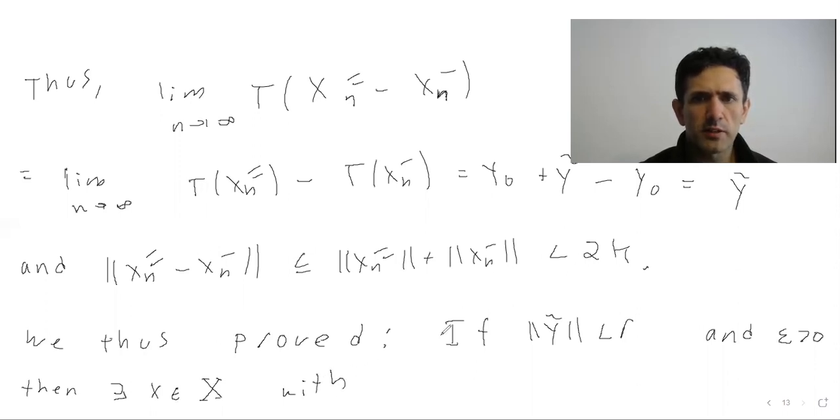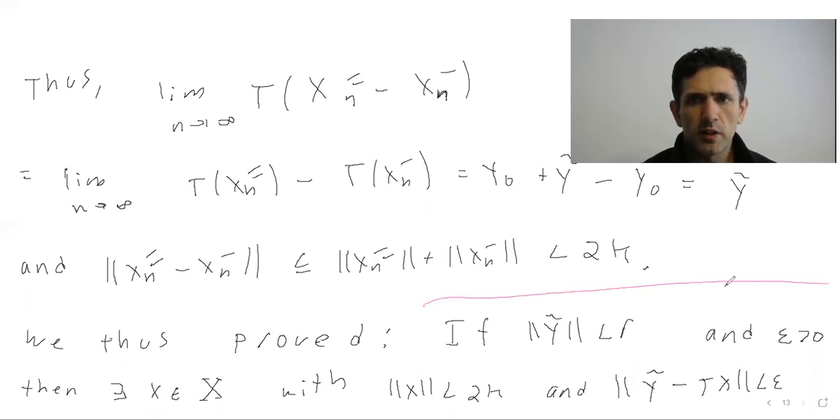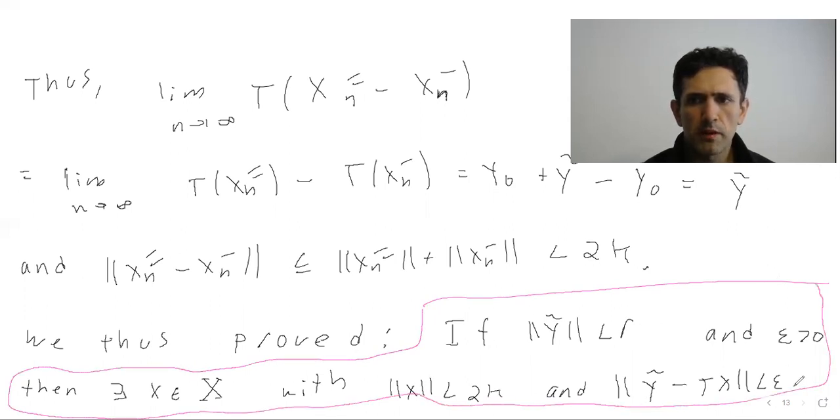Each one of these has norm less than 2k. And for n large enough, we can make y tilde minus T of this as small as we want. Okay, so we're almost done here. We just need to do a little easy linearity trick. This is what we have just proved as a basic corollary to the Baire category theorem.